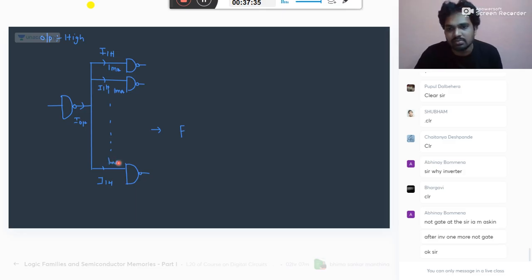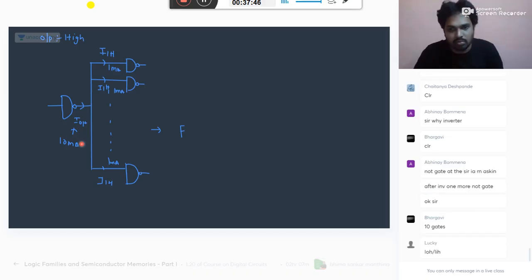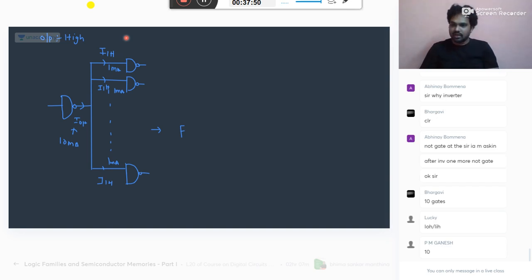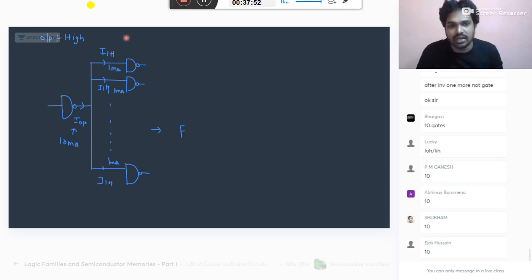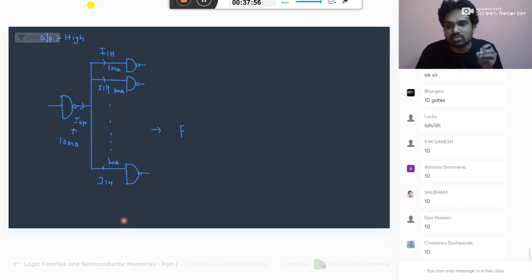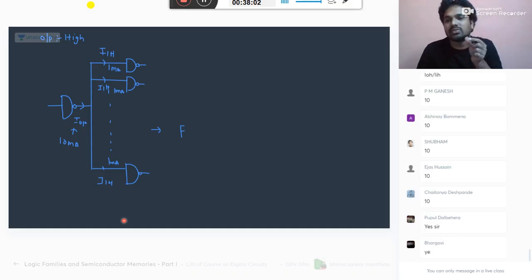This output can give only 10 milliampere. If you connect 5 gates, each gate will take 2 milliampere, no problem. I can connect a maximum of 10 gates here. If I go beyond that, if I take 11 gates, the current will be divided as 10 by 11, which will be less than 1 milliampere, then the circuit will suffer. That's why this decides how many gates you can connect.